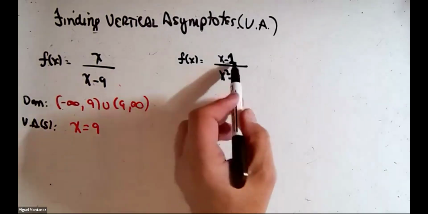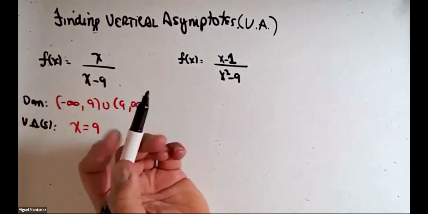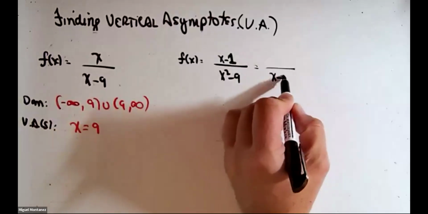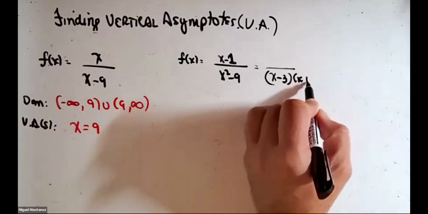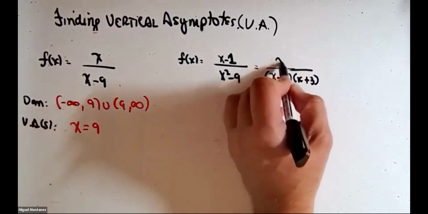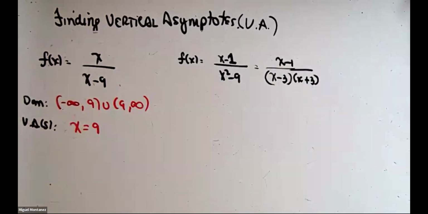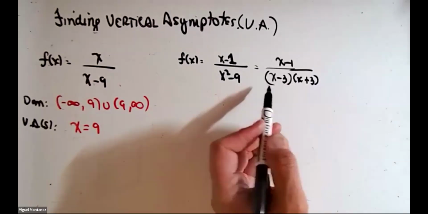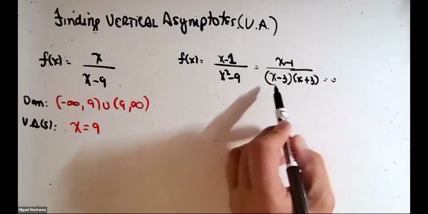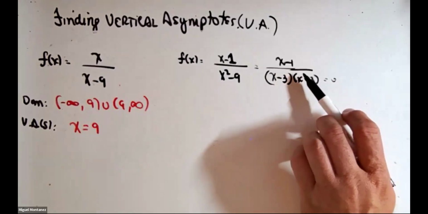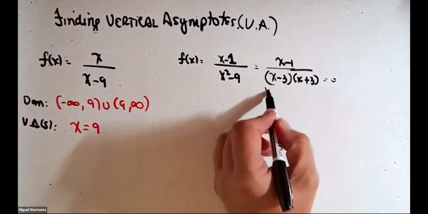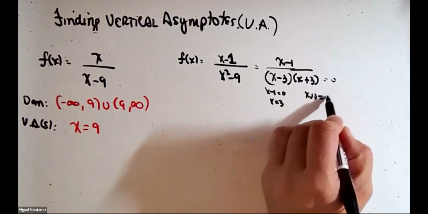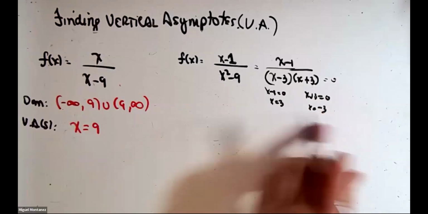Example number 2, x minus 1 over x squared minus 9. Notice that my denominator can be factored as x minus 3, x plus 3, that's your difference of squares. And here the domain, once again, would be what number makes my denominator equal to 0. If x minus 3 equals 0, therefore x equals 3, or x plus 3 equals 0, therefore x equals negative 3.